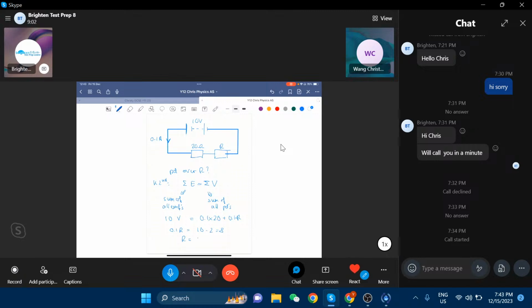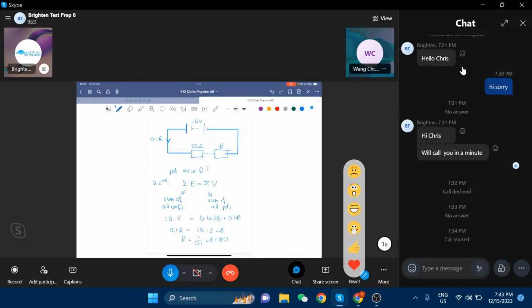Right. Or we can write it in whatever way we want. It doesn't matter. We can make the inverse already, but let's do 1 over 0.1 times 8, 80. Okay, and what is the unit of measurement? Ohm.